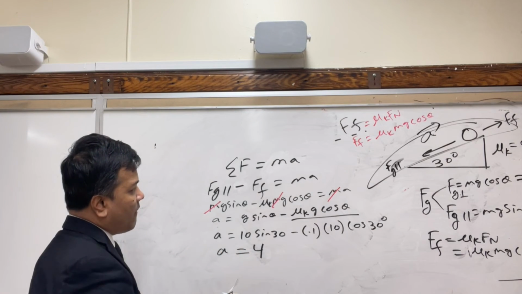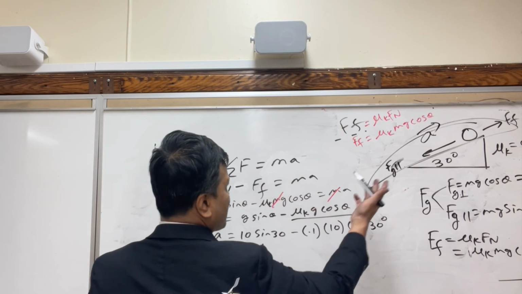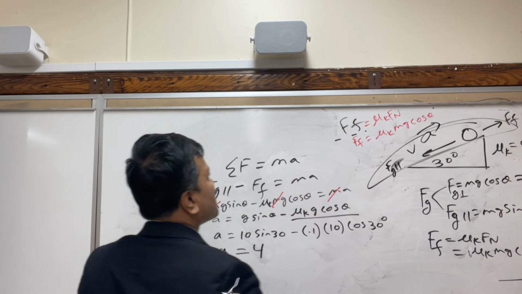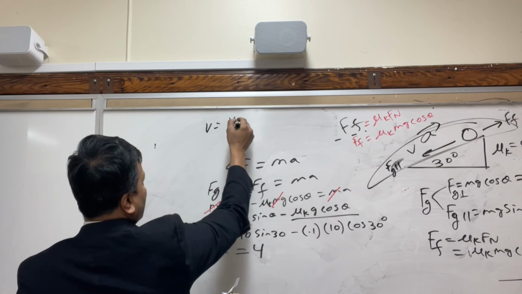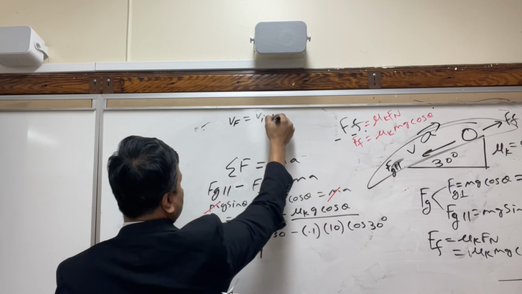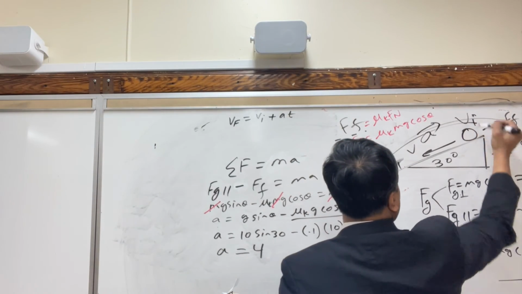Okay, now you're going to find the velocity. How are you going to find the velocity? There is a velocity in this direction. So Vf is equal to Vi plus At. Initially, Vi is 0.